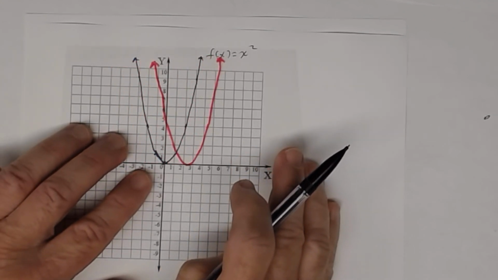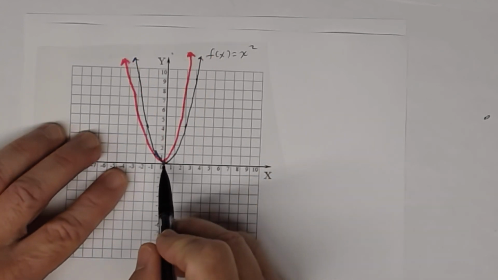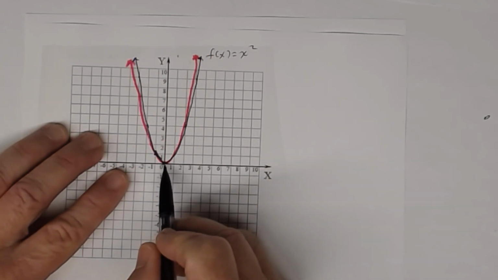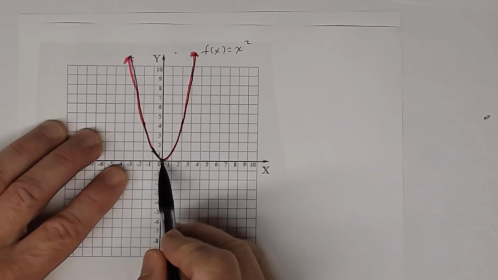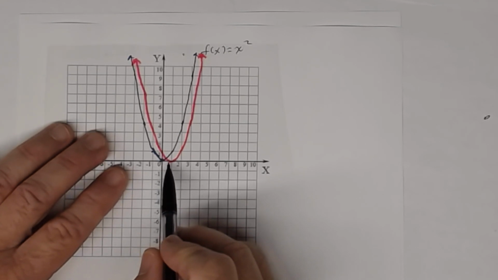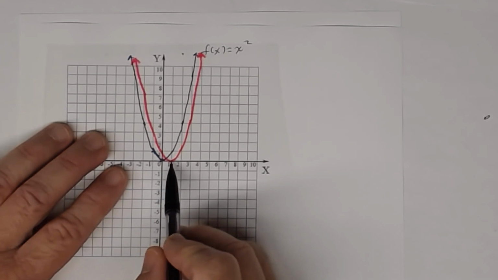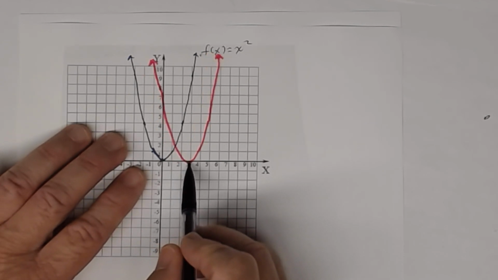So if you focus at the origin right here, the vertex of this parabola, this is 0, 0. Notice this is now 1, 0. So the y values stay the same. 2, 0. The y value 0 stayed the same. So the x changed each time.